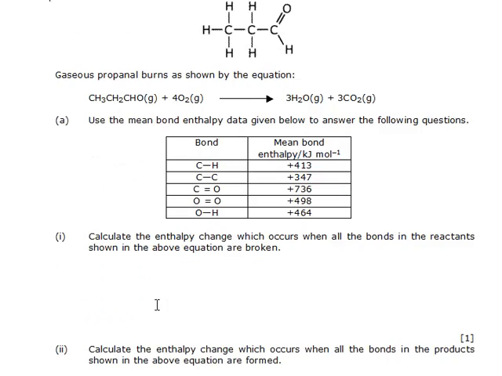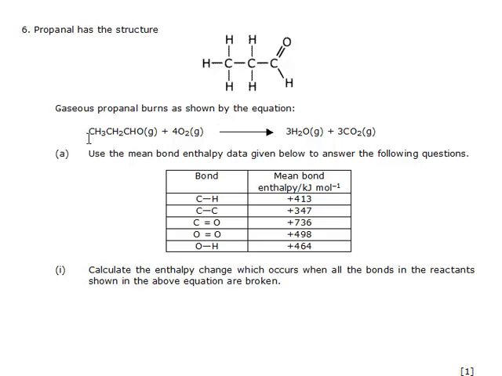Propanol is the structure. Gaseous propanol burns as shown in the equation. This is another one of putting together all the bonds. Here we've got 1, 2, 3, 4, 5, 6 CH bonds. So that's 6 times CH, 6 times 413, which comes to 2478.